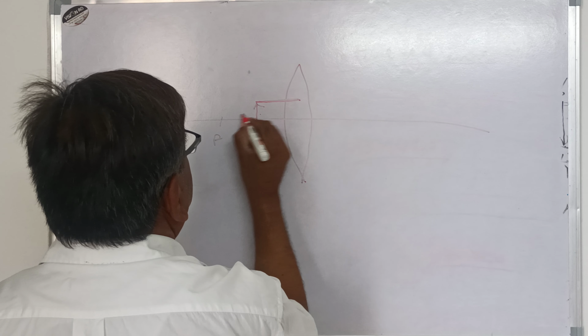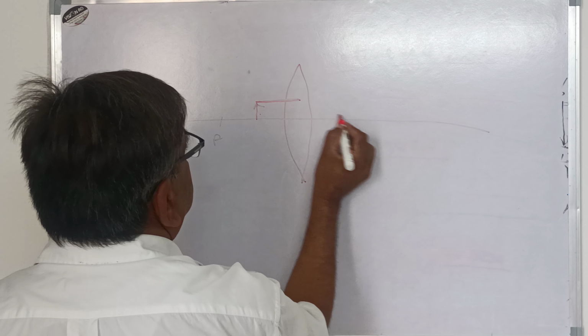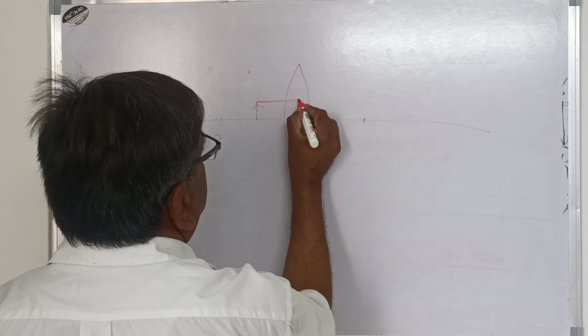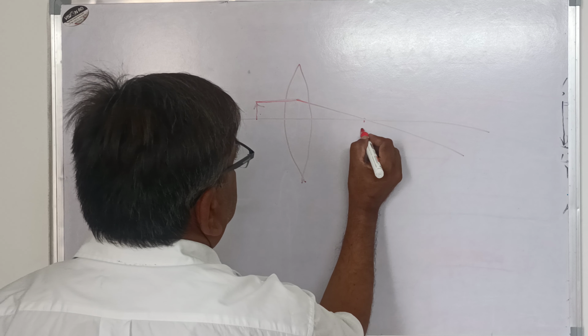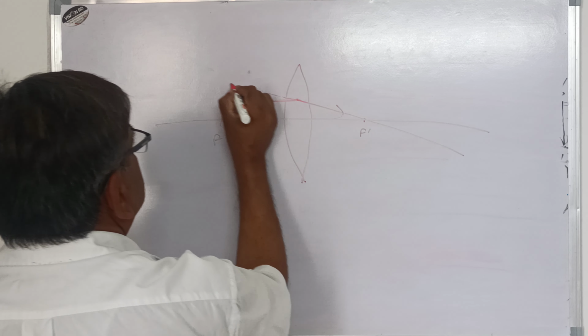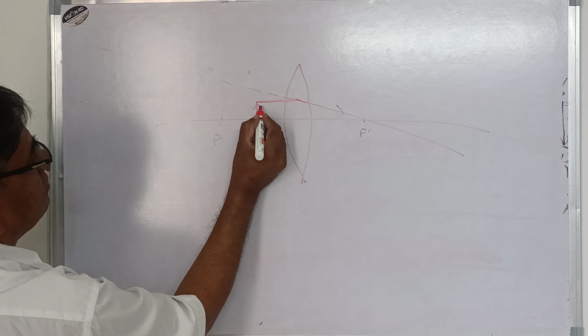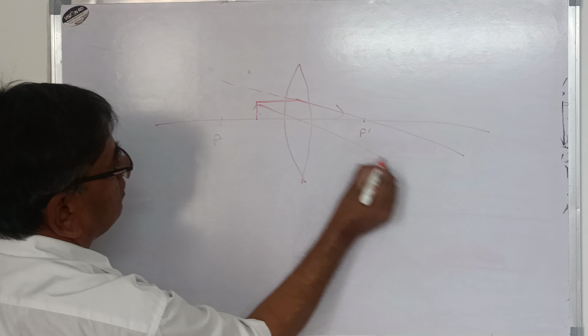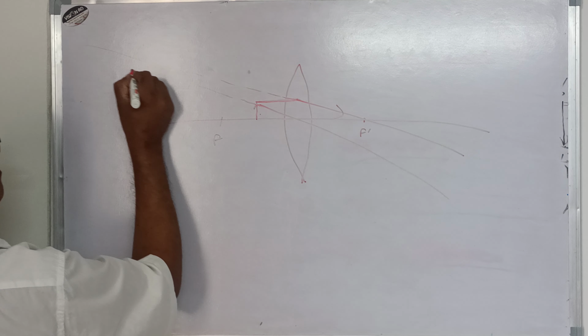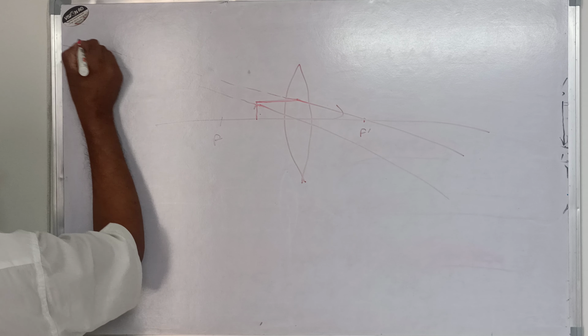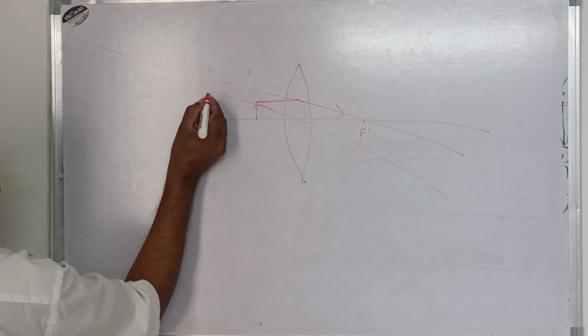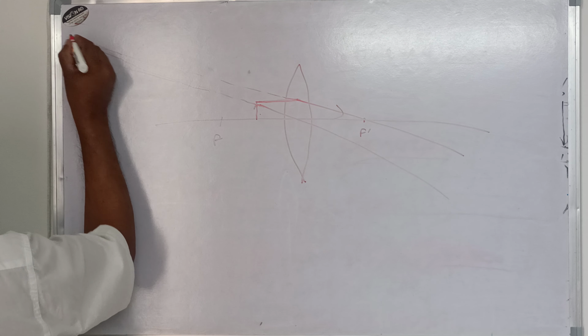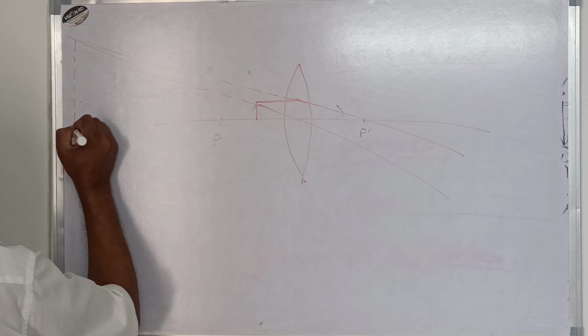This is the parallel ray. So this will go from focus, F dash, so this will seem here, and other you will take from here, so they will just cut somewhere here, so this will be the image.